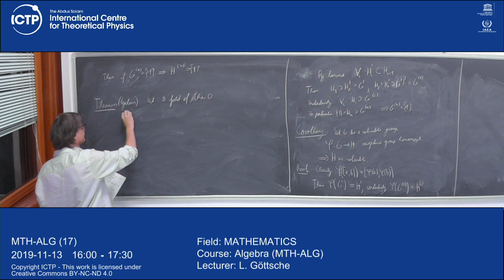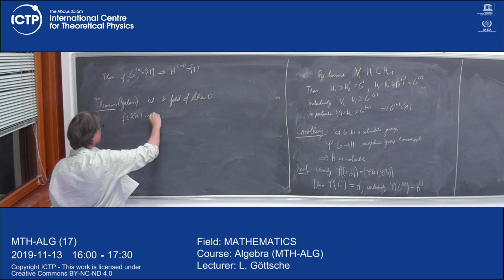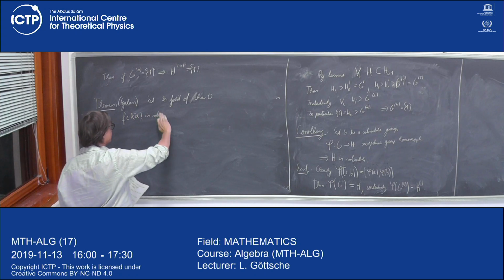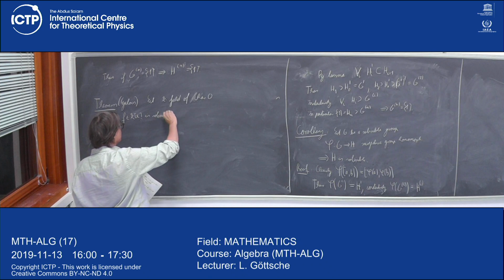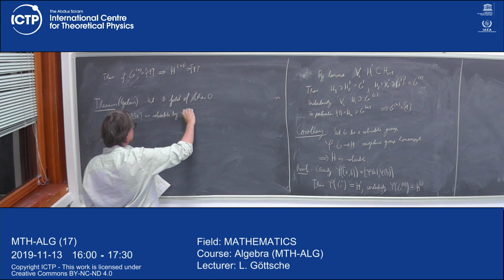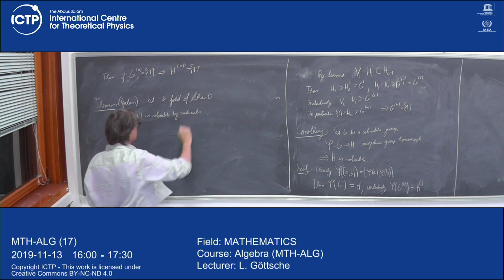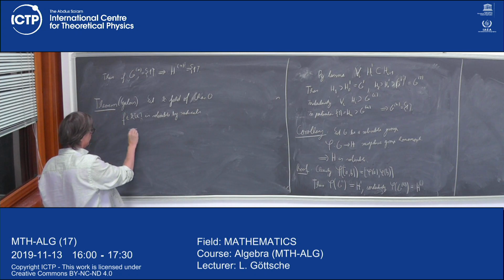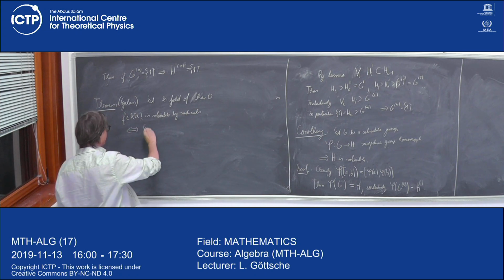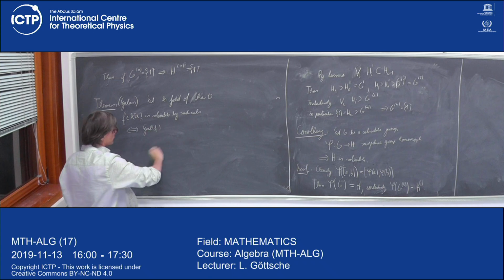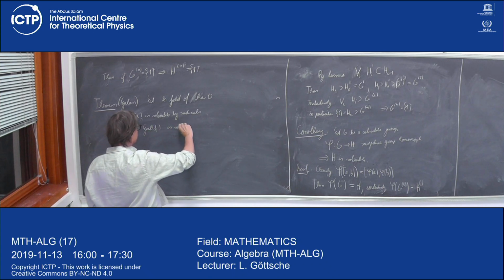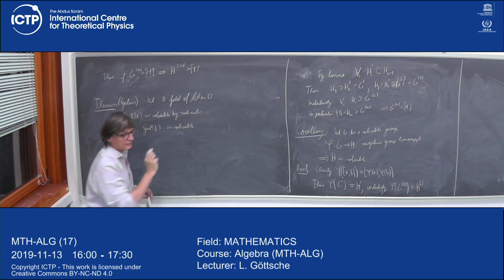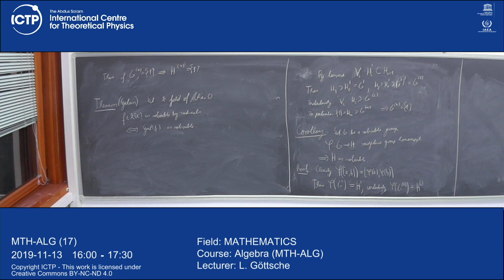Then the polynomial F in K[x] is solvable by radicals if and only if the Galois group of F is solvable. Okay, that's a very nice statement.